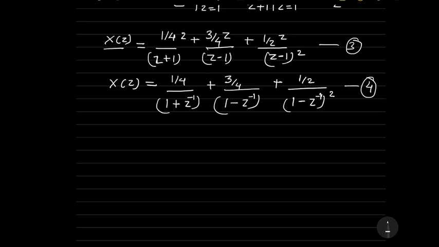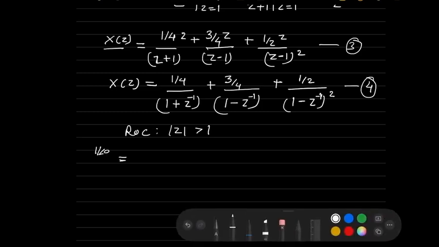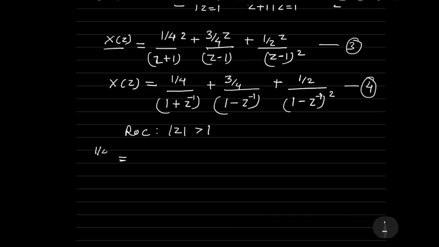So the first term, (1/4)/(1 + z⁻¹), will become 1/4 (−1)ⁿ u(n).